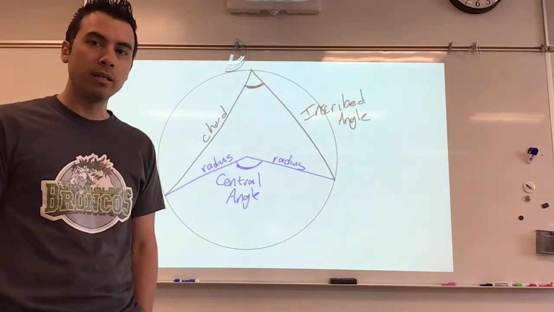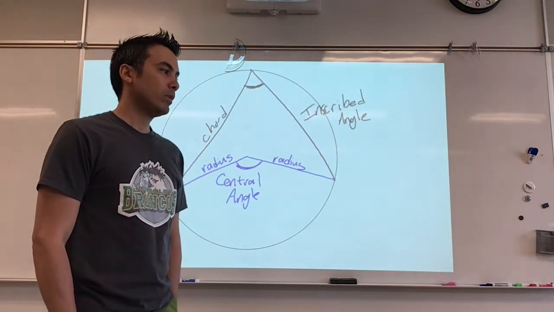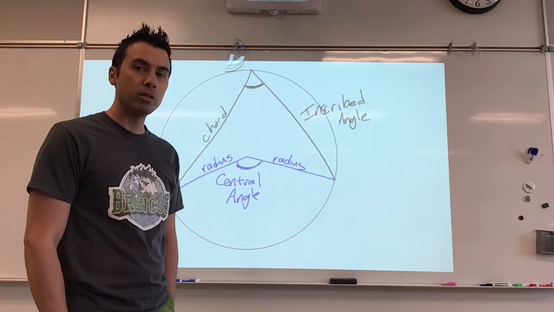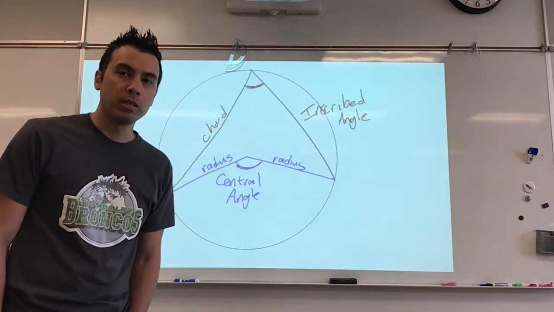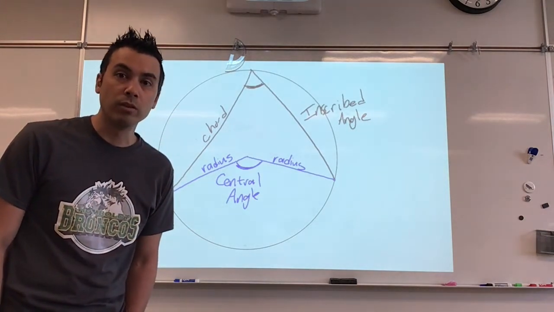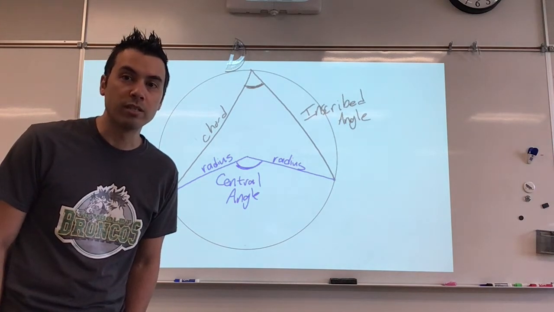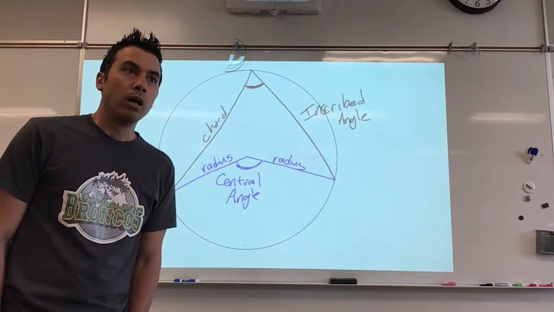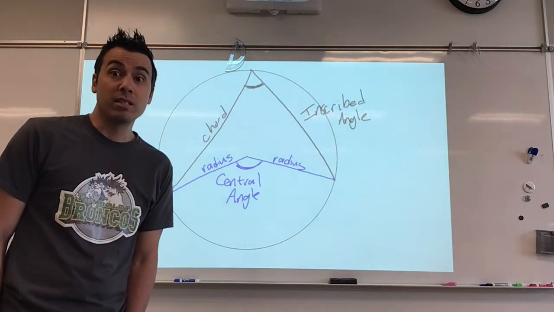And subtended is not a word that you're used to saying. Some of you may have never heard this word before in your life, subtended. So what does subtended mean? It means stands on.